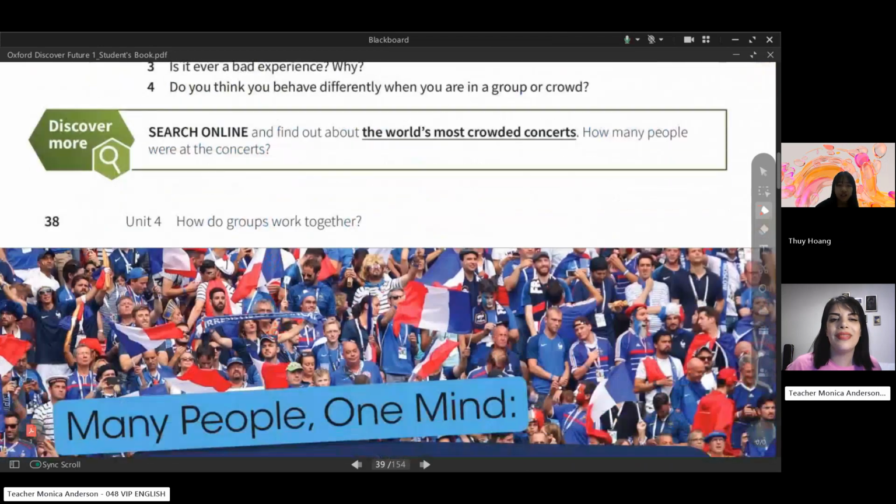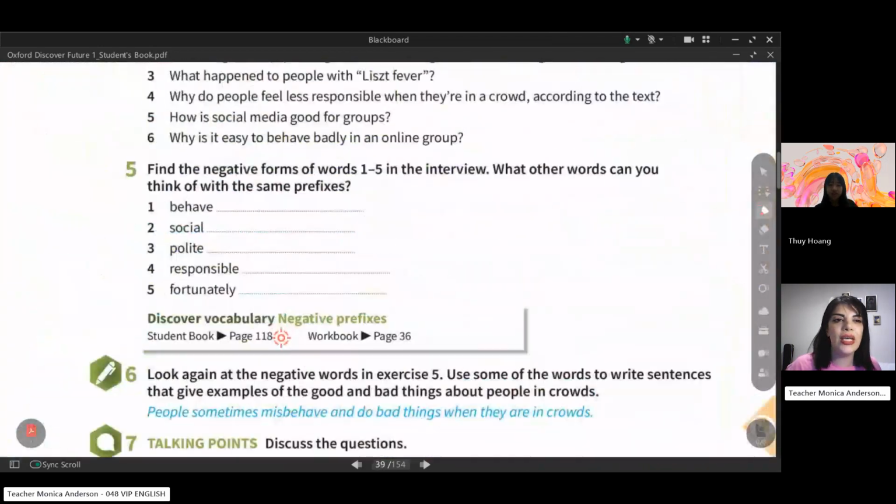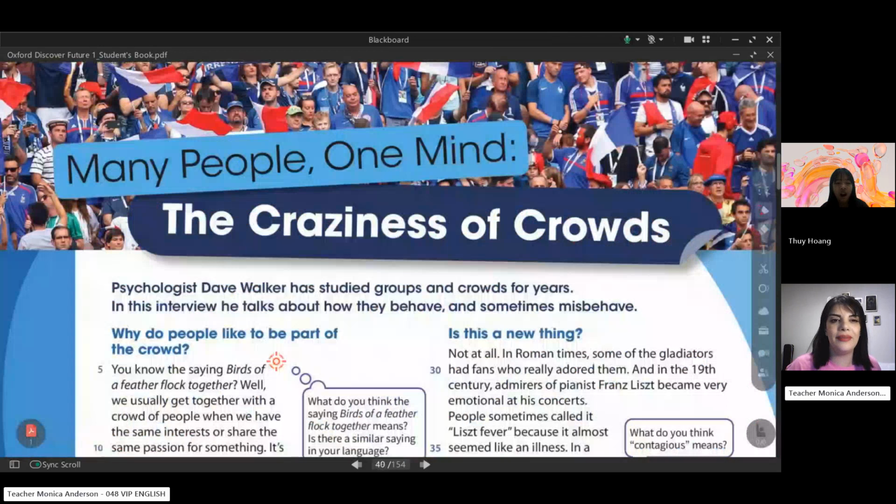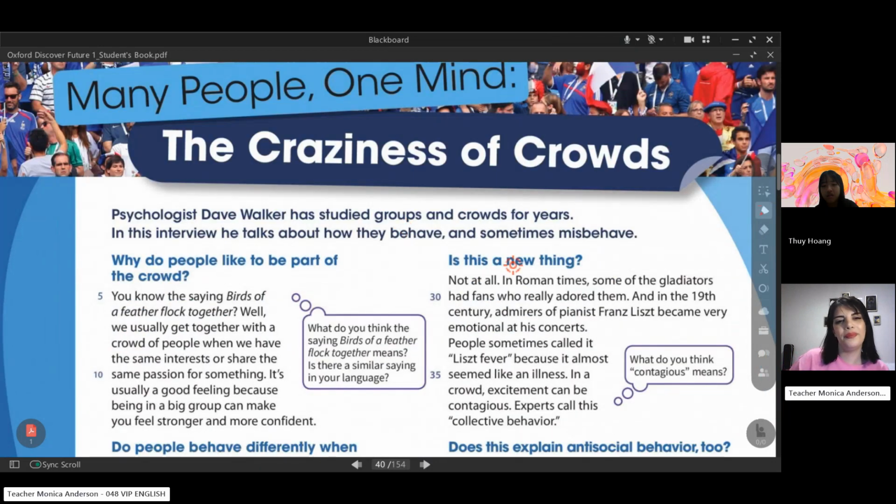Unit 4, page 38, exercise 4. Many People, One Mind.